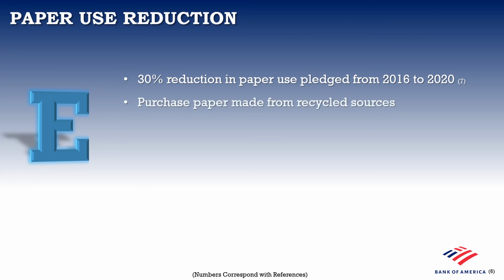They've also made the commitment to purchase paper from recycled sources, so that less waste is going into the ground and into the environment, and more recycling is happening to better serve clients and the global community.